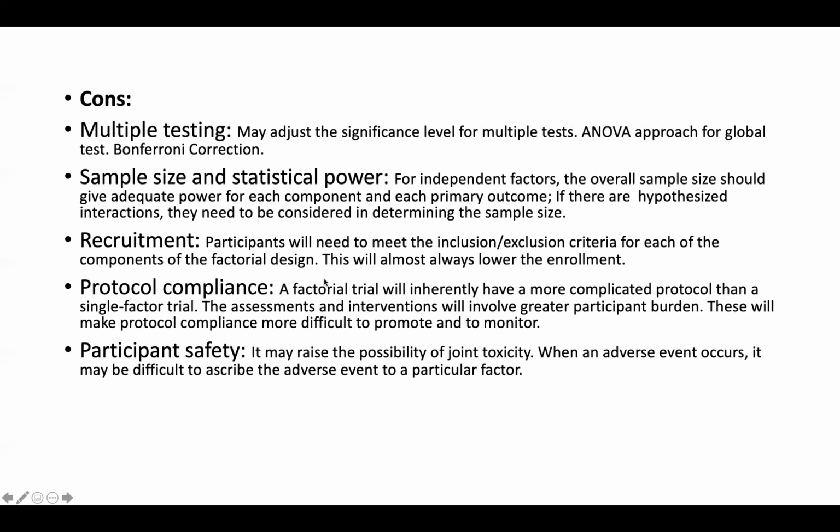There are also some other potential disadvantages of such a design: it may lower recruitment, or it could impact protocol compliance because more assessments and interventions may be involved in factorial studies. And we may also need to consider participants' safety, as it could be hard to ascribe the adverse events to a particular treatment.